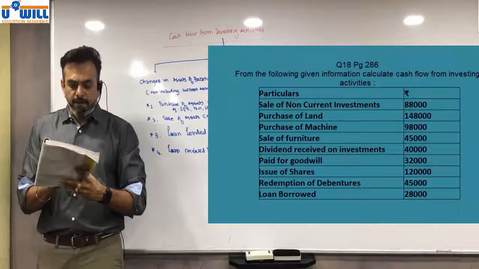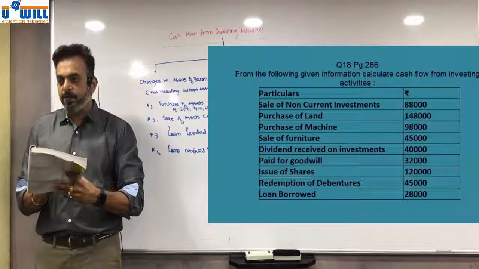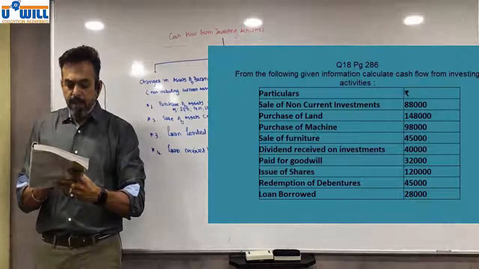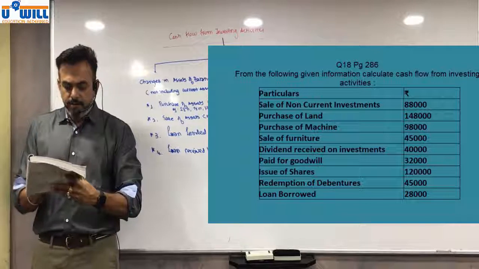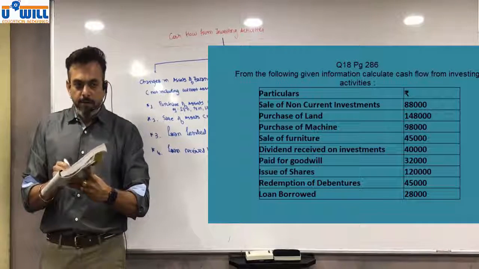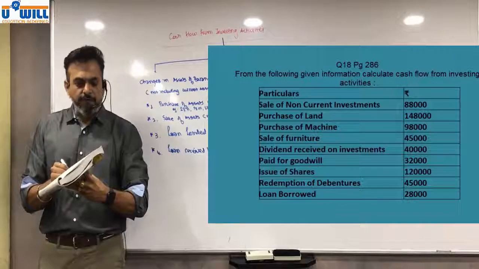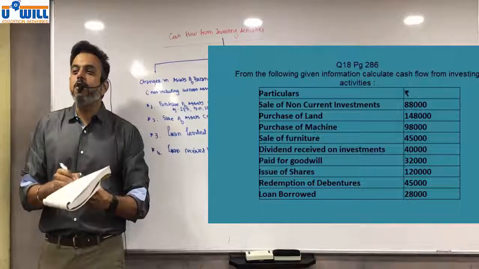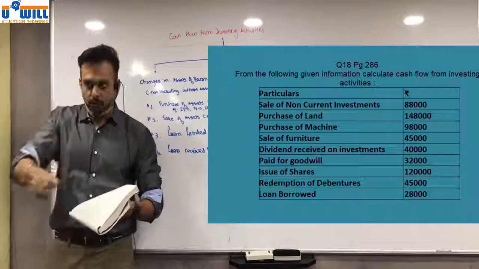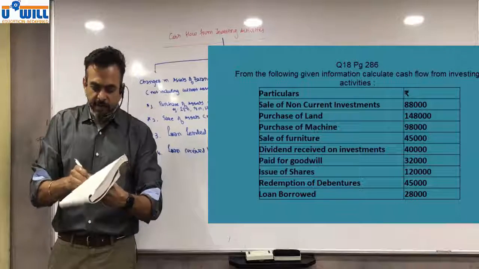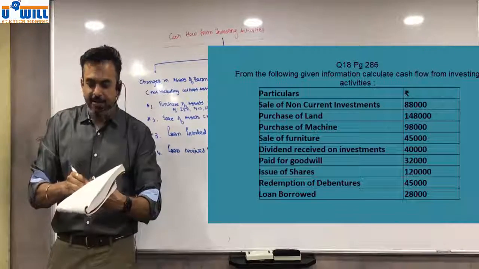Then purchase of land minus, purchase of machine, sale of furniture, dividend received, paid for goodwill, issue of shares. No, issue of shares cross, because it is a financing activity.